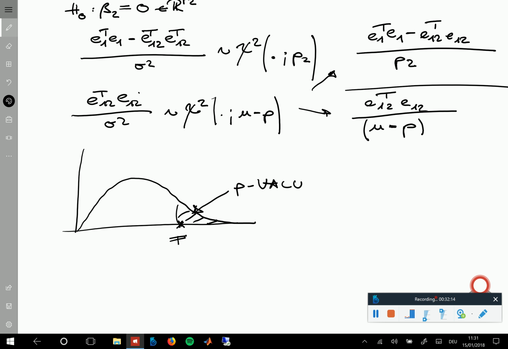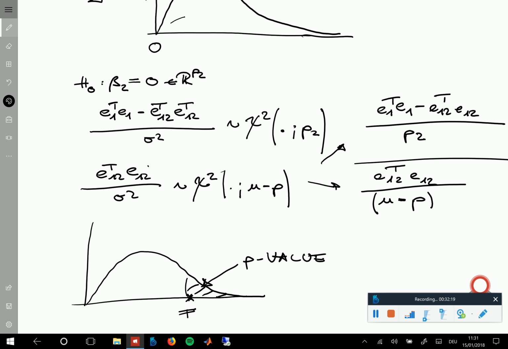If this value is relatively low, you would say the null hypothesis that the beta 2 parameters are 0 is not true. In terms of model comparison and likelihood ratio tests, you would say the null hypothesis that the reduced model is true can be rejected, because the probability to observe such data under the null hypothesis is small.